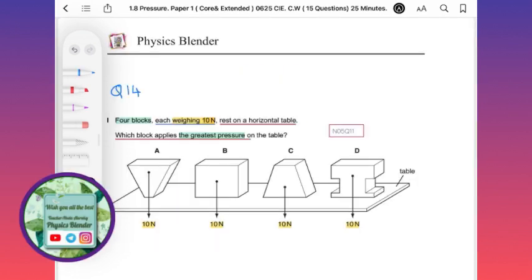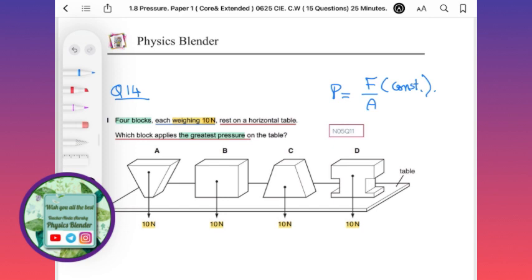Question 14, we have 4 blocks, each weighing 10 Newton, resting on a horizontal table. Which block applies greatest pressure on the table? Since they are identical, they have the same weight. Back to our equation, pressure is equal to force divided by area. So here the applied force is the weight of the blocks.